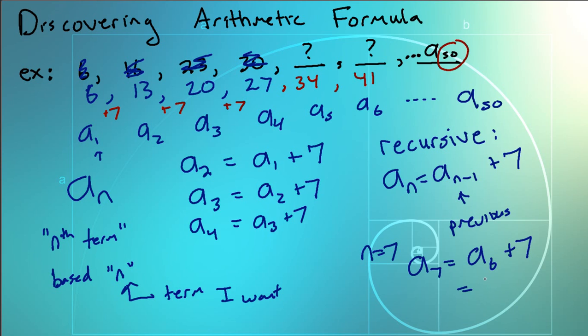So that's going to equal 41 plus 7, so 48. So 48 is my 7th term using my recursive formula. But my recursive formula, again, isn't going to help me get to that A50, or what if it was A5000 term? It's not going to help me to get there. It's still going to have to calculate all the other terms before it. So we need a better way.